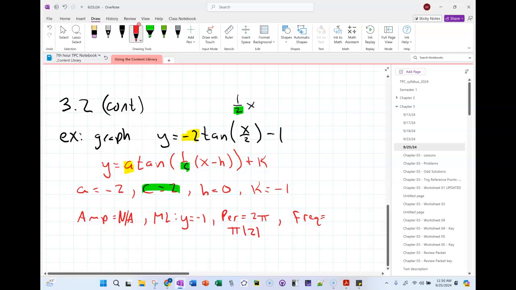Every now and again. No, I thought you were doing something different. No, you're right. I fully admit it. And the frequency is always just the reciprocal for the period. So 1 over the period, easy peasy. But again, because it's tangent, the period formula is pi times c.